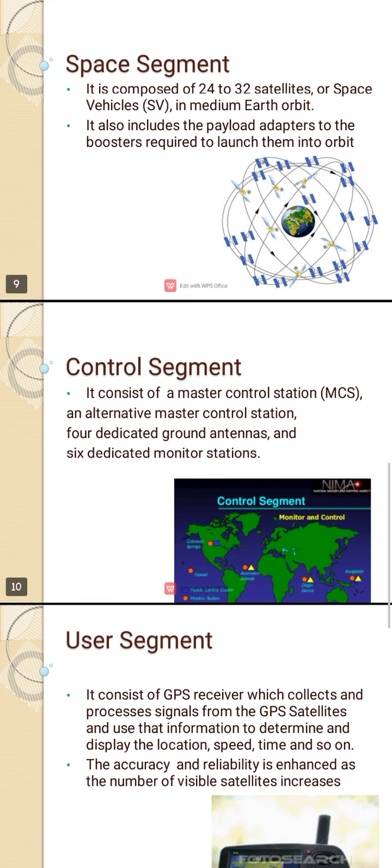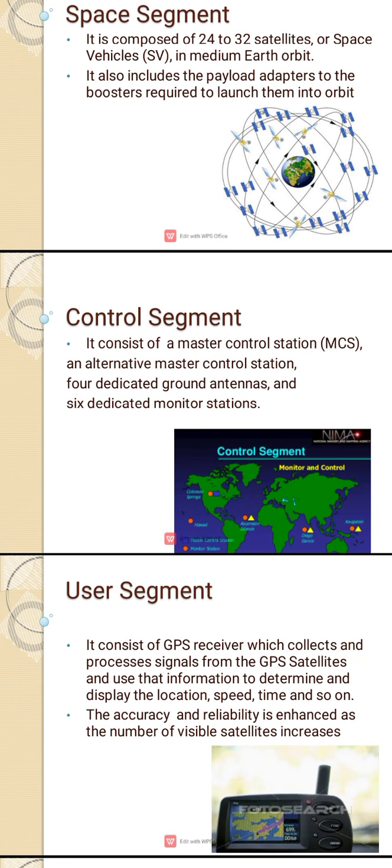Now we can go with control segment. It consists of a master control station, MCS, an alternative master control station, 4 dedicated ground antennas and 6 dedicated monitor stations. The control segment actually tracks GPS satellites, monitors their transmission, performs analysis and sends commands and data to the constellation.